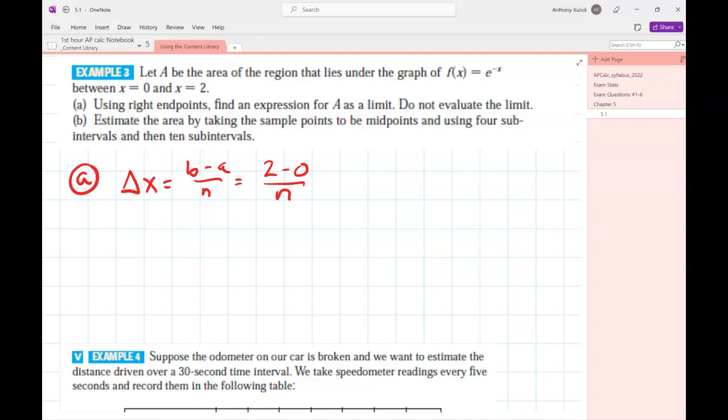So what do we say here then? Let's talk about what our Rn is. So that's going to be f of x1 delta x plus f of x2 delta x plus f of x3 all the way out to f of xn times delta x.